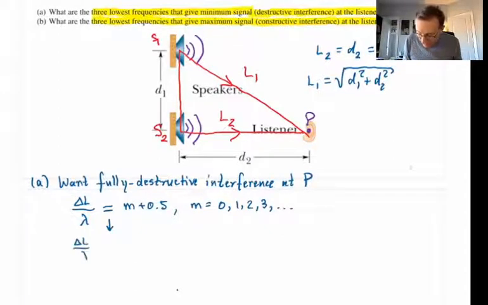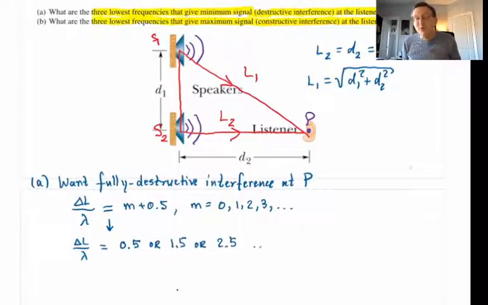So delta L over lambda would be, well, if m is 0, then the right-hand side is a half. Or if m is 1, then the right-hand side is 1.5. Or if m is 2, then the right-hand side is 2.5. And of course it keeps going, but we'll just stop there. Now what I want, though, is the three lowest frequencies that correspond to fully destructive interference. How do I bring F, frequency, into play here?